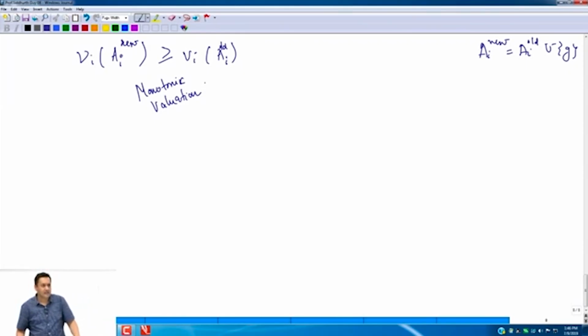So note that what I have argued so far is extremely general. There's no place where I have made the assumption that the valuations are additive. I have assumed nothing about the structure of the valuation except for this inequality right here, where I am assuming that the valuations are monotonic.